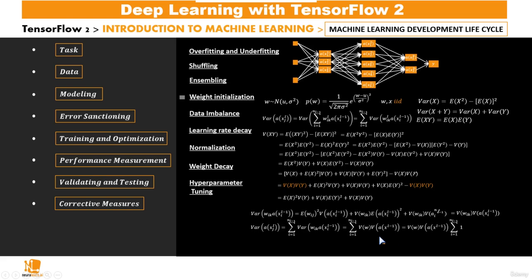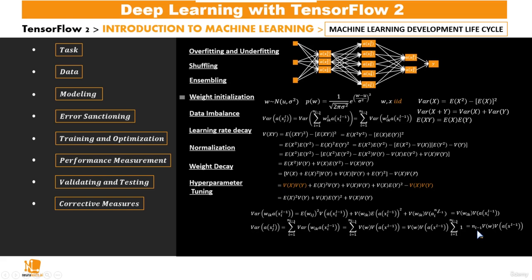Now that said, we see that we could take these two out of the summation sign here, because now they're like constants since they don't depend on I. So if we take this VW and VAX out, we are left with the sum of 1 from I equals 1 to NL minus 1. Obviously, if we sum 1 n times, it equals n.